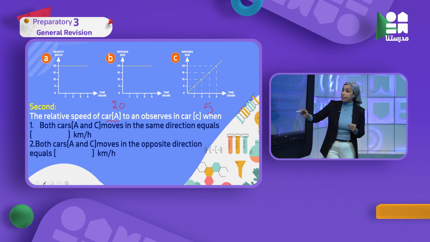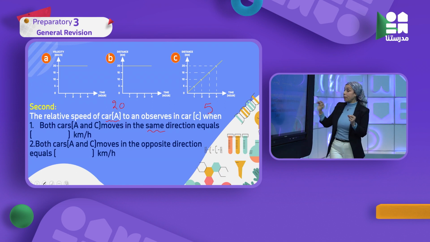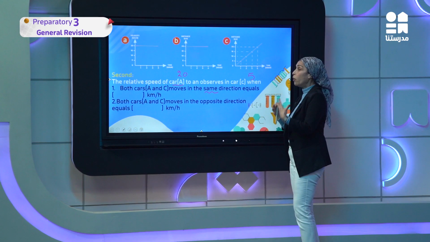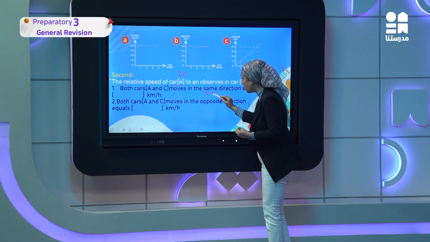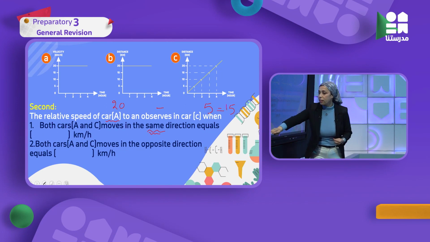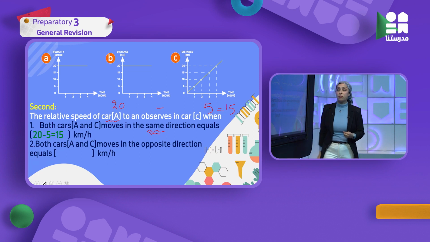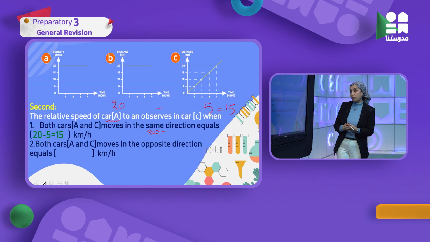Both cars A and C move in the same direction. He's saying if two cars are moving in the same direction, and he wants me to calculate the relative speed, I said my keyword is the same direction. What I'm going to do is subtract 20 minus 5, so the answer is 15. Let's see the answer. Okay, it's 15, 20 minus 5, because they are moving in the same direction.